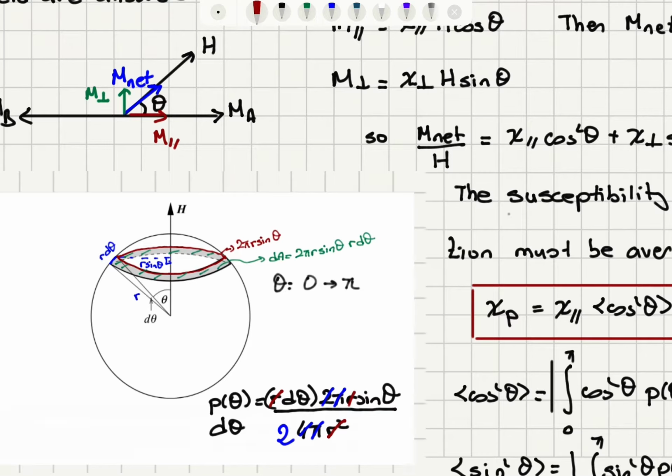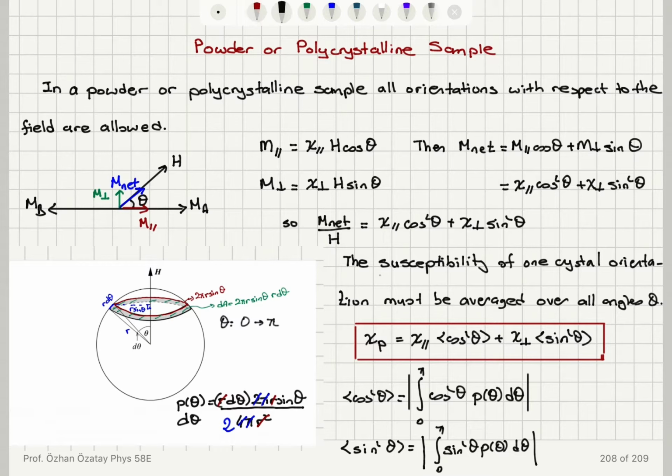If I multiply it by r d theta, I get the surface area, and when I divide the surface area, 2 pi r sine theta r d theta, by the total surface area of the sphere, 4 pi r square, I get the probability density. So I recall that my probability density p of theta d theta that I have found here is basically 1 over 2 sine theta d theta. So I'm going to use this probability density.